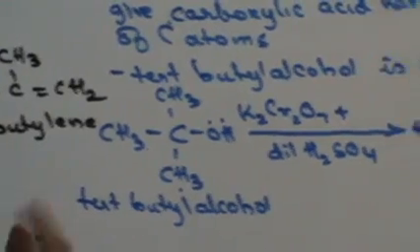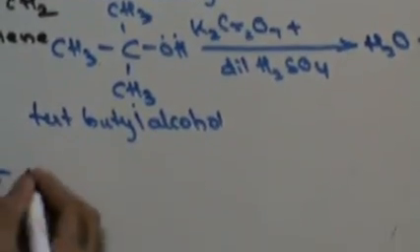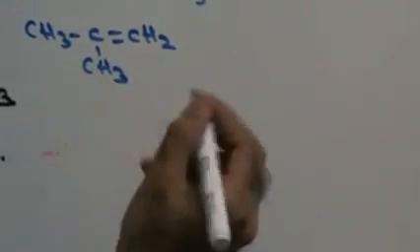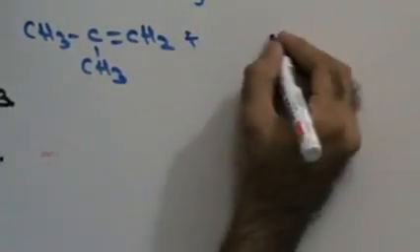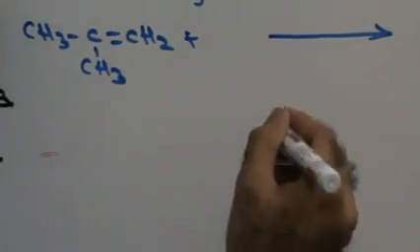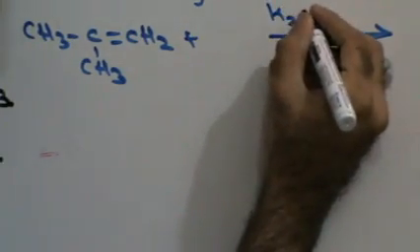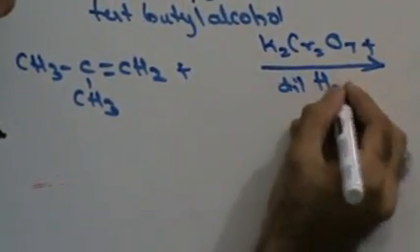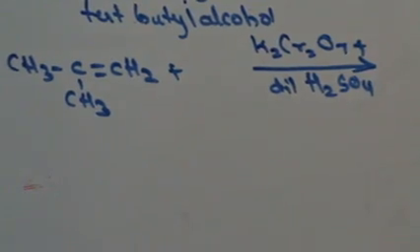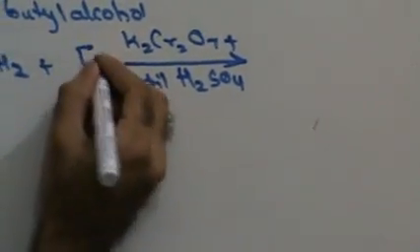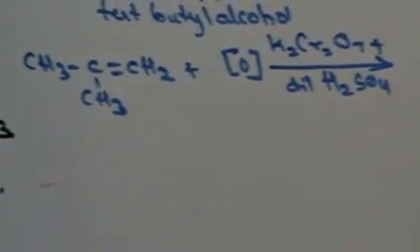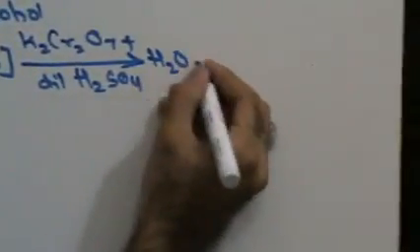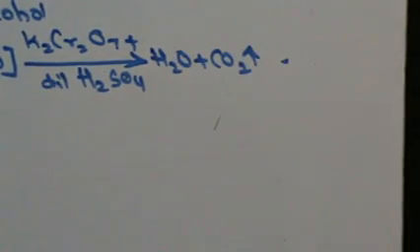The isobutylene so formed, CH3C double bond CH2 with CH3, undergoes oxidation in the presence of potassium dichromate and dilute sulfuric acid. This will give you nascent oxygen to form water plus carbon dioxide gas.